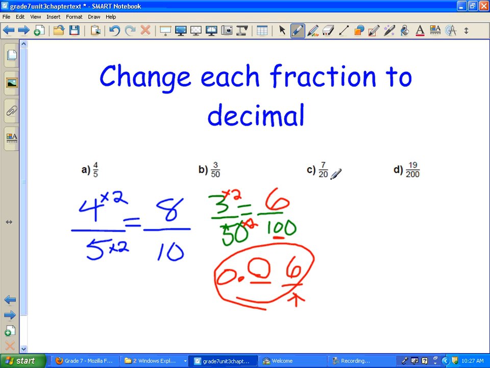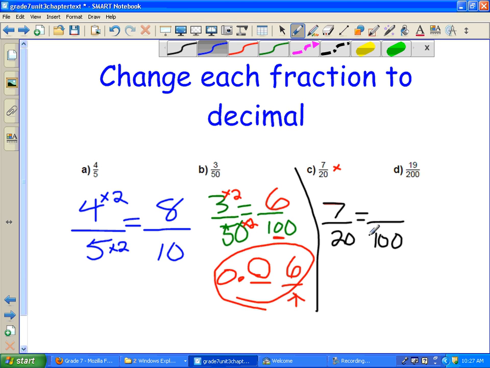This one here, if you look at 20, all we have to do is times the top by the same as the bottom. Can we make 7 over 20 become something over 10? Maybe, but I think it'll go into 100 a lot easier. So what can we multiply 20 by to get 100?